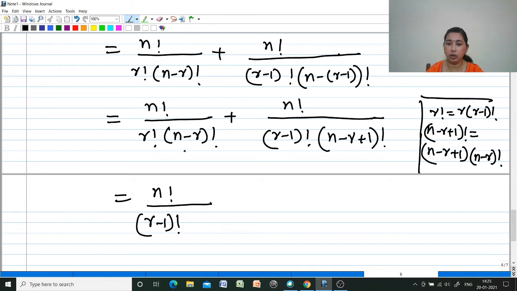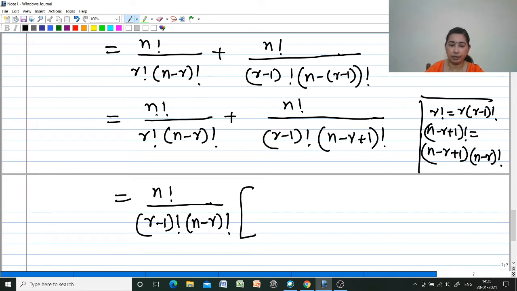So, now the common terms can be taken out. These are the common terms remaining. So, from here we can get the remaining term as 1 by r. Remaining all we have taken out here. From the first term remaining it is 1 by r. From the second term it is 1 by (n minus r plus 1).